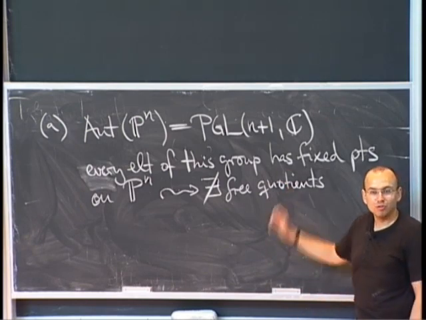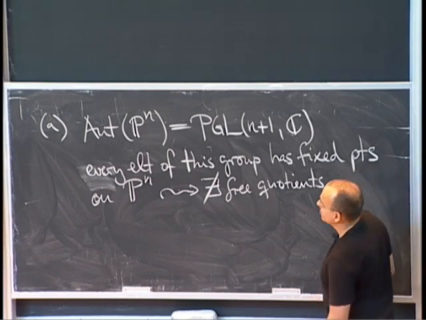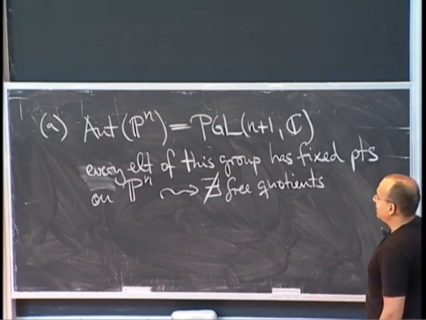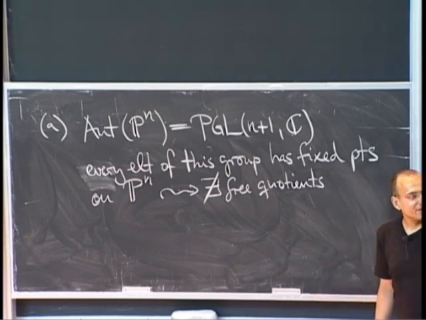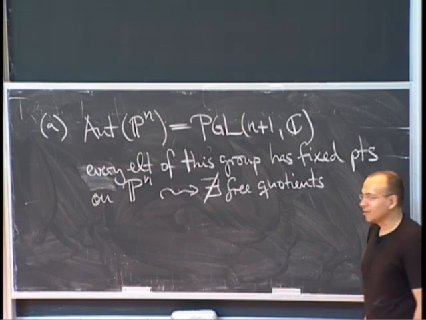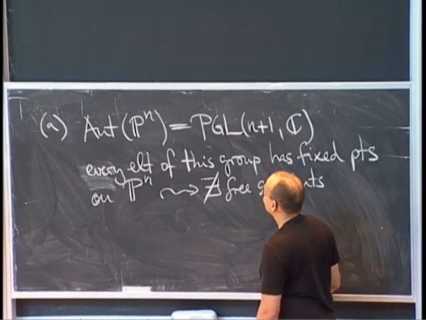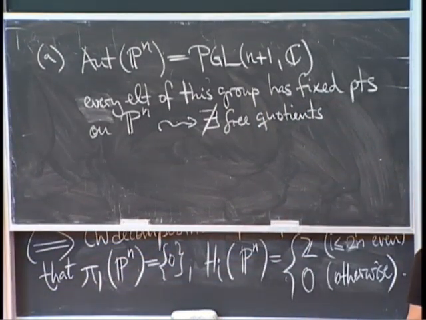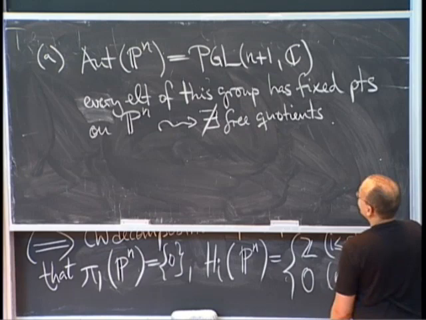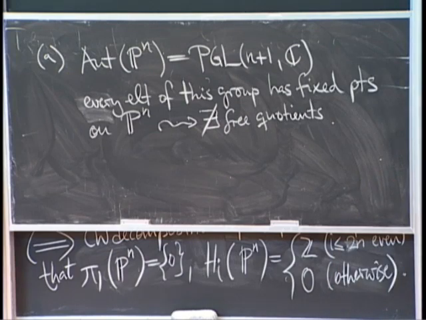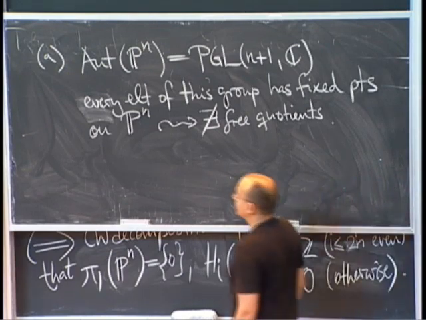You compute the homology groups of projective space, and then at least when n is even, Lefschetz tells you that there have to be fixed points. And if you want to get n odd as well, then you need a holomorphic Lefschetz fixed point formula of Atiyah and Bott. So every holomorphic transformation of Pn has to have fixed points, so there are no free quotients.